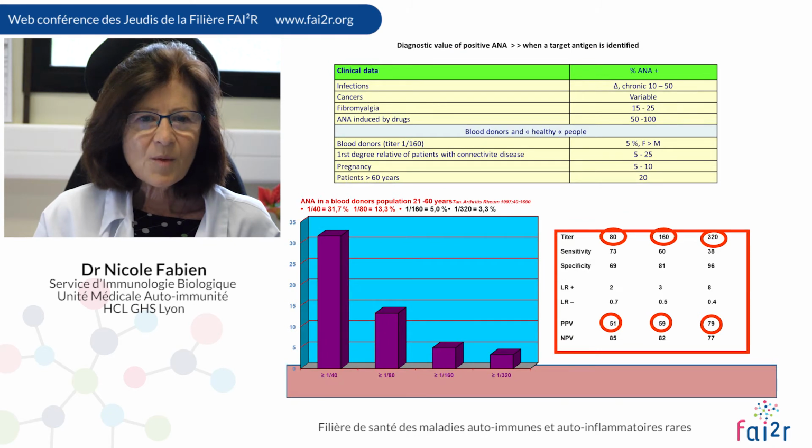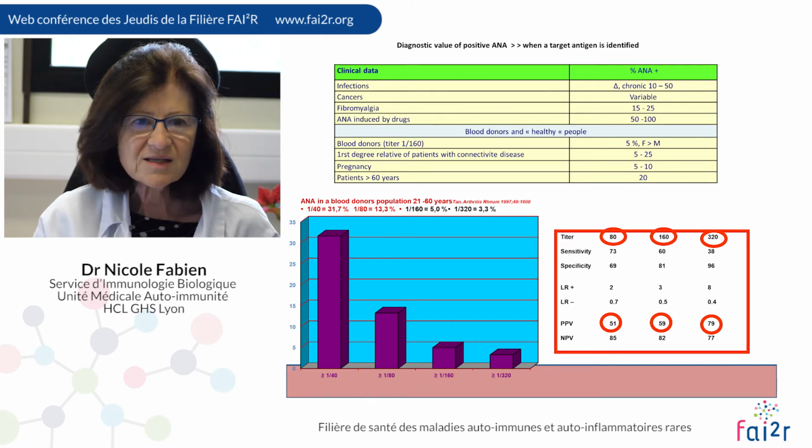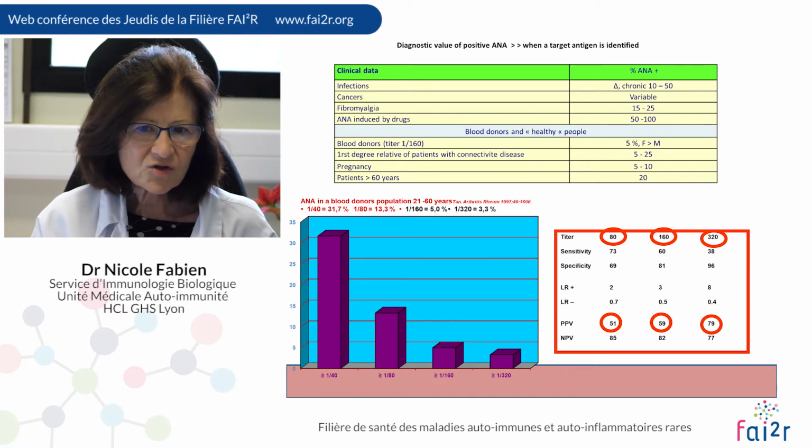When I talk about the value of identifying ANA, that's a cartoon slide where we can see that in some infection, cancer, or drugs, you can have a very high amount of positive ANA.